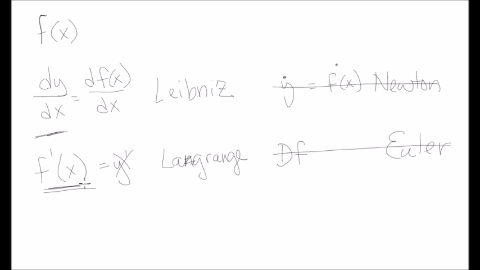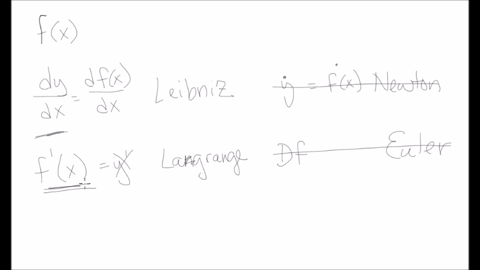Leibniz's notation is much more flexible when, in a moment, I'm going to talk about partial derivatives and the notation for partial derivatives. Leibniz's notation is a bit more flexible than Lagrange's notation.